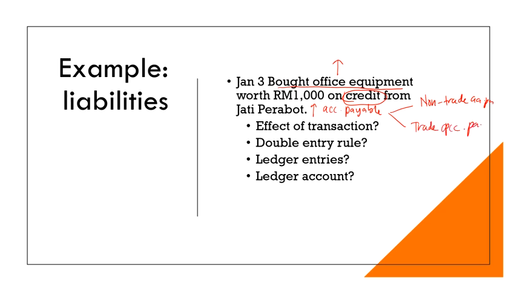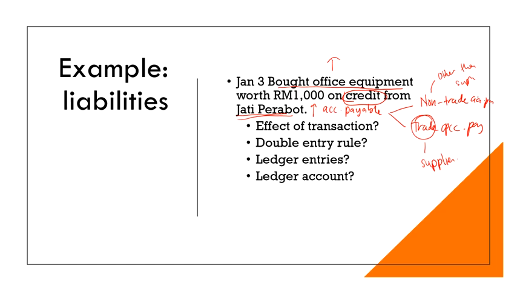Non-trade account payable ni is referring to other than you punya supplier, sebab trade payable ni is only for your supplier. Tapi kalau macam ni, dia cakap more office equipment, maksudnya Jati Prabut ni is not your supplier. So Jati Prabut is your non-trade account payable.